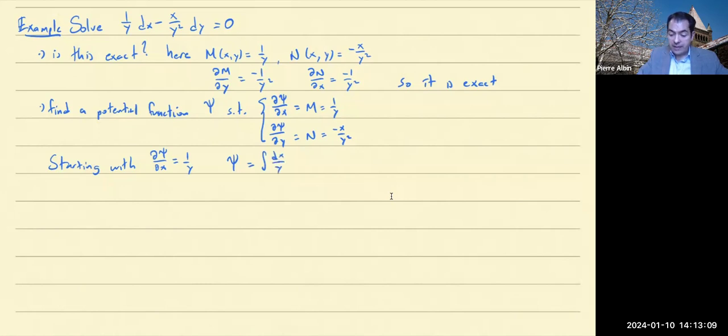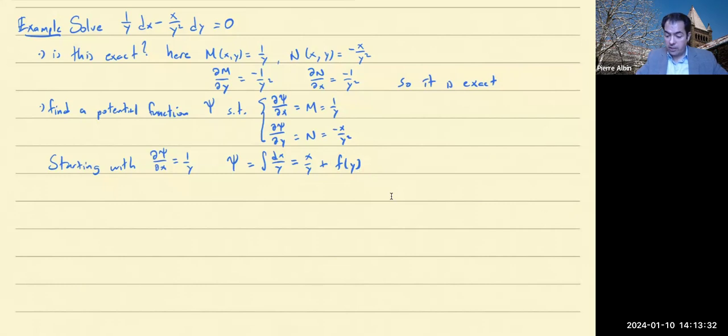I'm integrating with respect to x, so 1 over y is just a constant. So this is x over y plus some constant. Okay, but now this is key. This constant is a constant that could depend on y. So it's a constant with respect to x, but it's not necessarily a constant with respect to y.